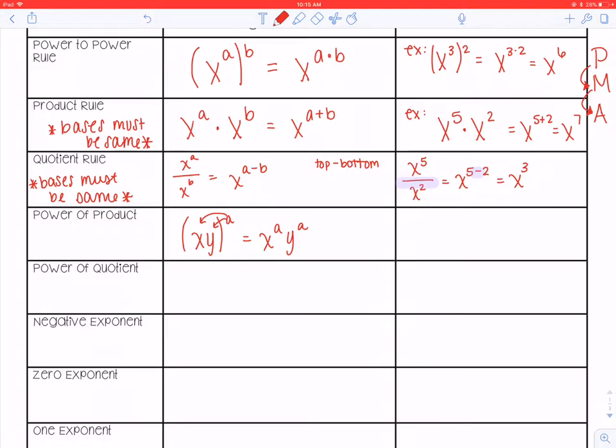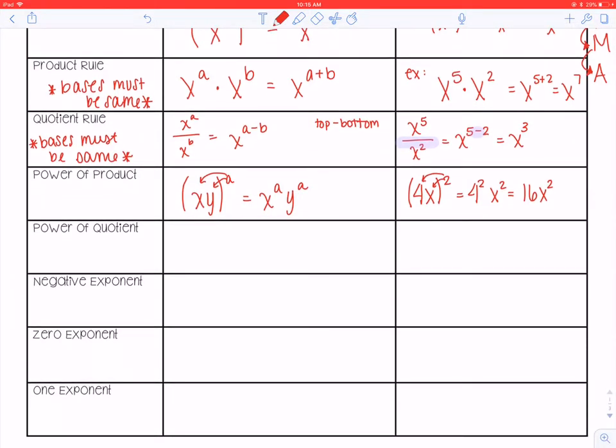You're just going to distribute the exponent to each thing inside. An example of this would be 4x, squared. You're going to give the 4 squared and the x squared and get 4 squared x squared, and then simplify and have 16x squared.